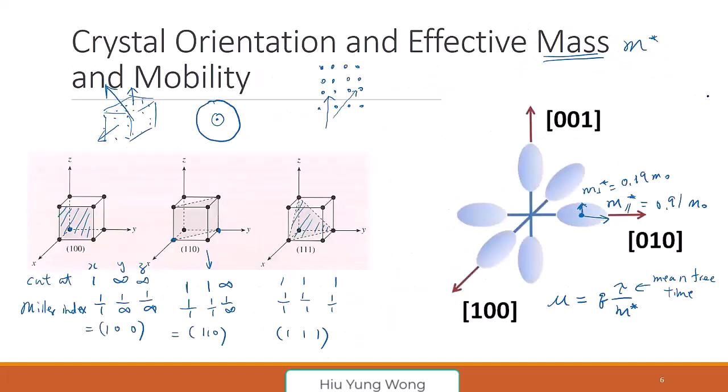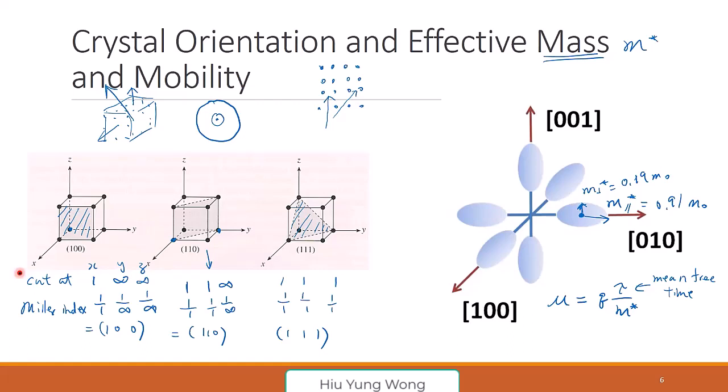right? Let's look at this one. If you go in this direction, let's say I have a crystal, you go in this direction. Can you distinguish this direction and this direction? If you are an electron walking in this infinite array of atoms, going in this direction and this direction, do you think they are different? No, right?